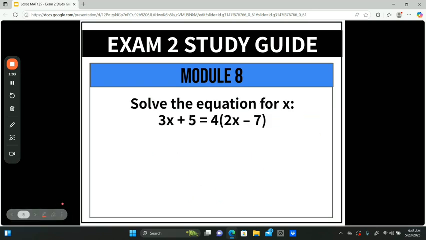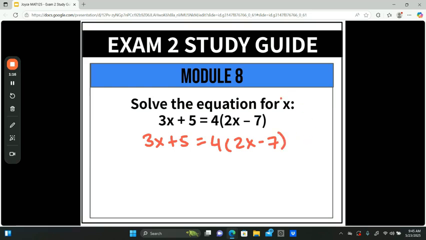Solve the equation for x. Okay, so I'm going to rewrite this just so we have a little bit of room to work with. And I'm also going to write something that's very important, our order of operations, or PEMDAS.